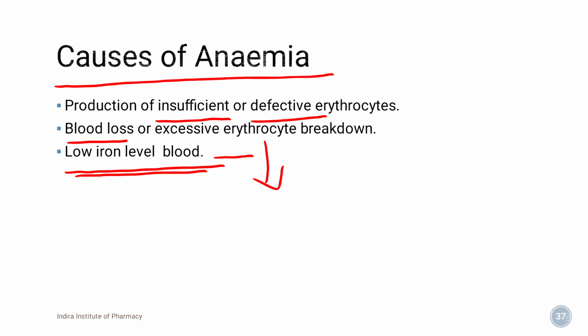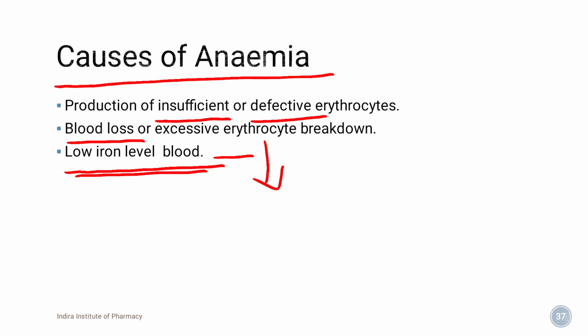And another cause is blood loss or excessive erythrocyte breakdown. Blood loss can be in case of any accidental injury or heavy loss of blood, and then excessive erythrocyte breakdown.